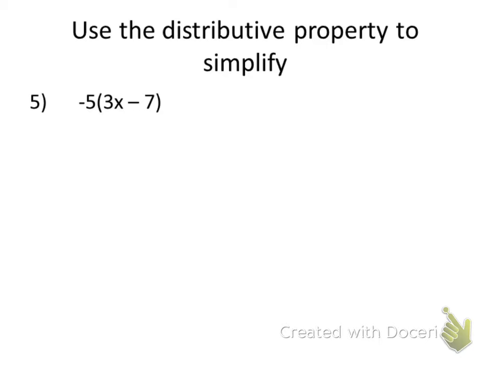All right, so the first thing I'm going to do is just write out my multiplication. So what am I going to multiply first? Negative 5 times 3x. Don't even do it. Don't even type it in. Just write it out. Negative 5 times the 3x.